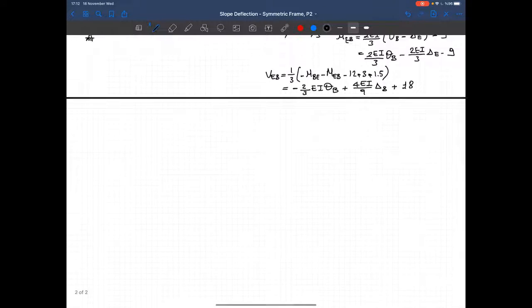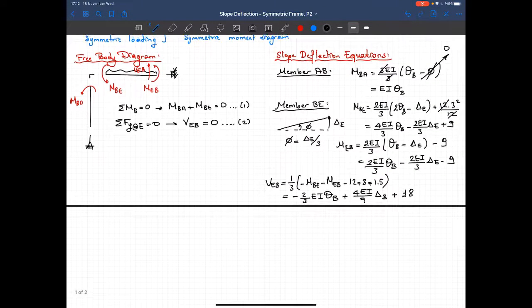Now I will write down the equilibrium equations and try to figure out the values of the unknown degrees of freedom. The first equilibrium equation is MBA plus MBE equal to 0.